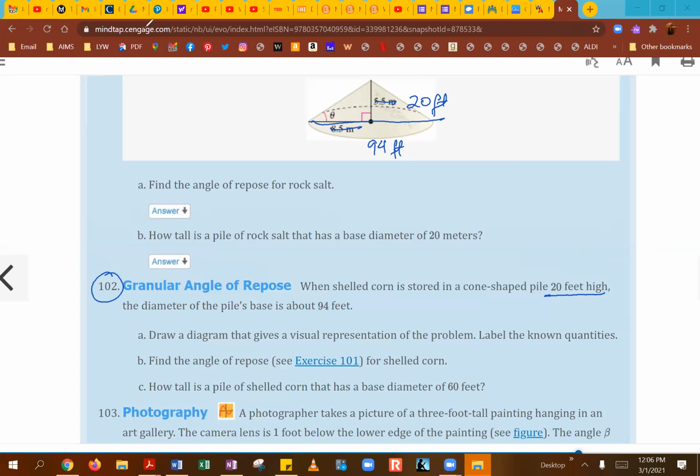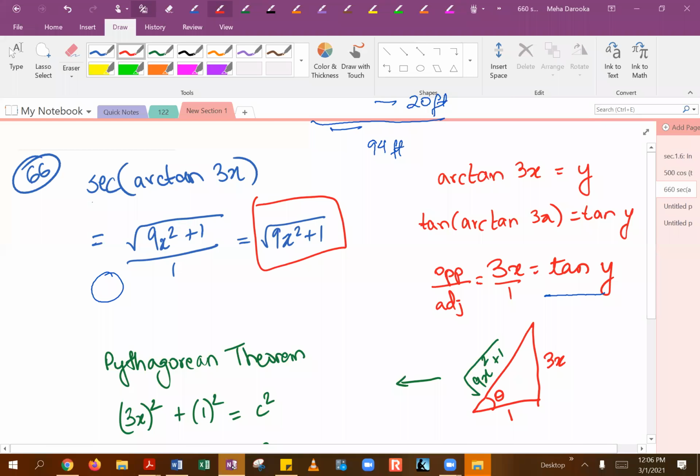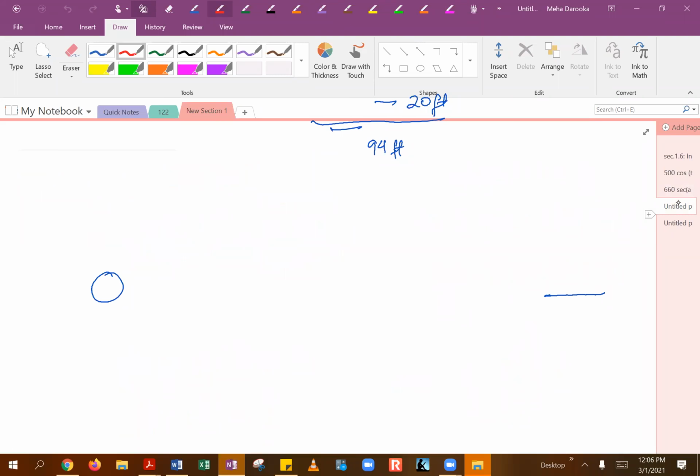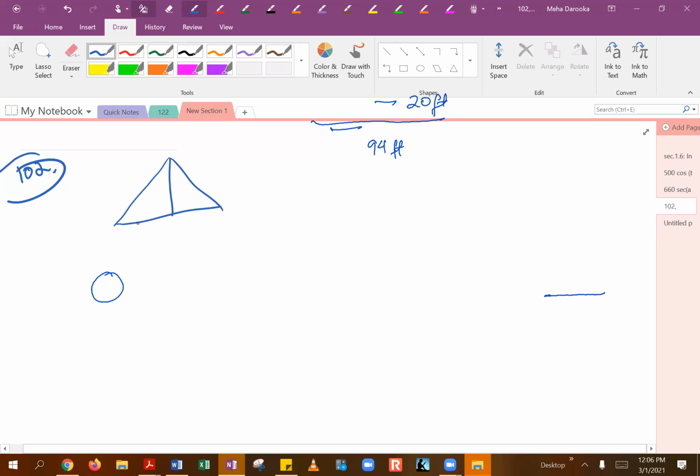So let's move this example over. I'm actually going to keep this while we write these numbers down. So this is number 102. All right, I'm just trying to get the idea of the triangle over here.